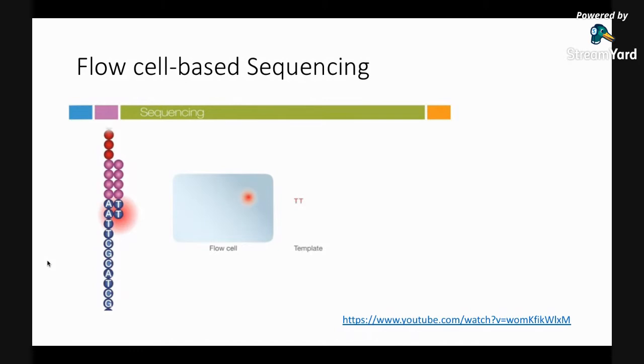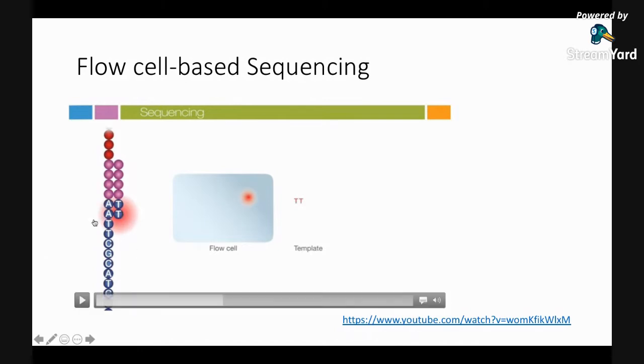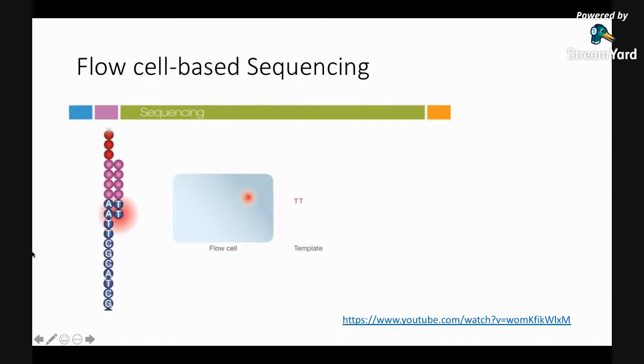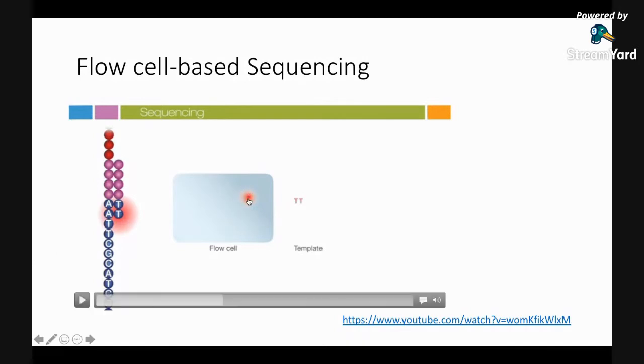Then when a nucleotide gets added, it's actually added to those millions of sequences together, right? And then the signal that it generates is strong enough for a camera to capture it. And because the whole cluster has exactly the same sequence, more or less, you get this bright spot related to the nucleotide.